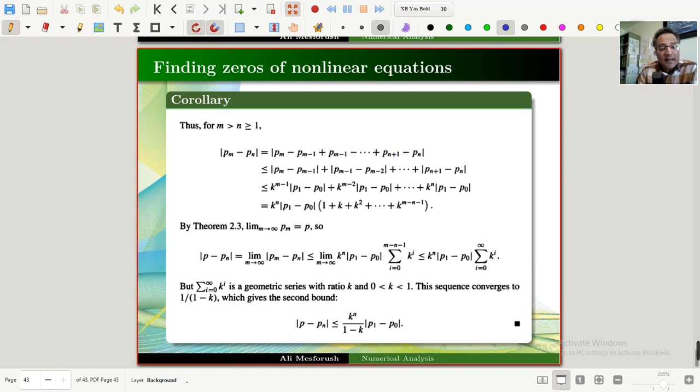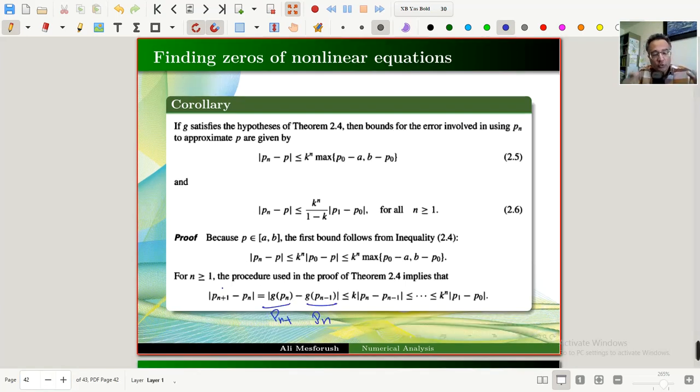Now, by the triangle inequality, we can split this absolute value into several absolute values of two terms. So it should be less or equal the absolute value of p_m minus p_(m-1), plus p_(m-1) minus p_(m-2), and so on until we get the absolute value of p_(n+1) minus p_n.